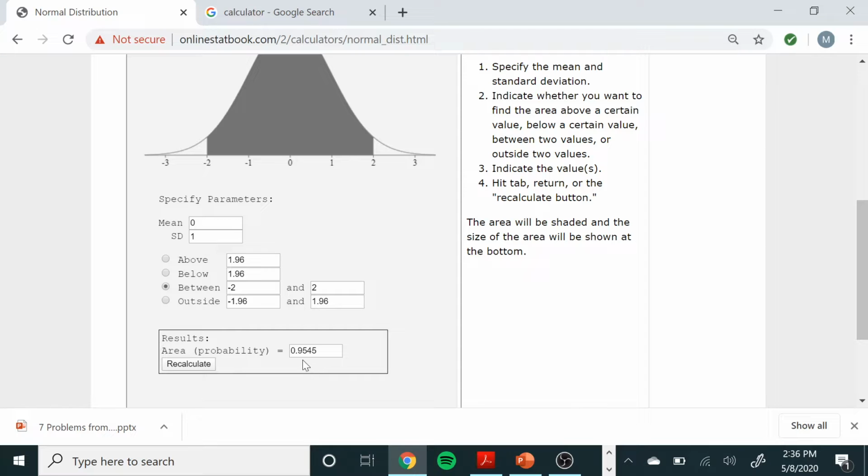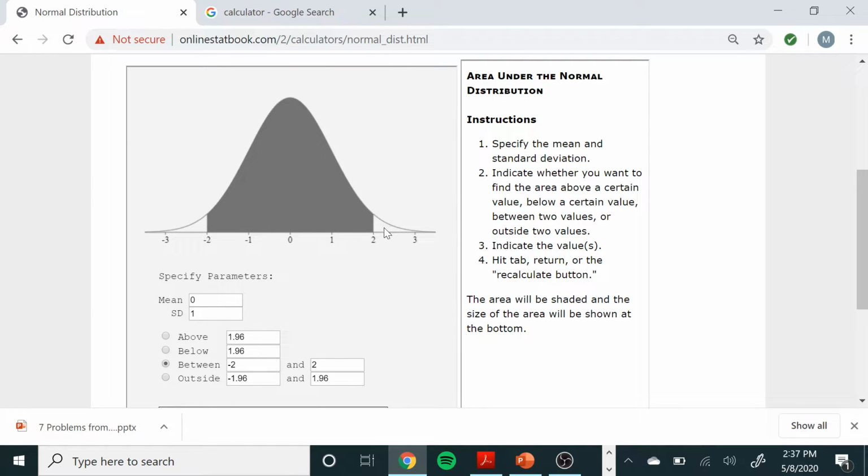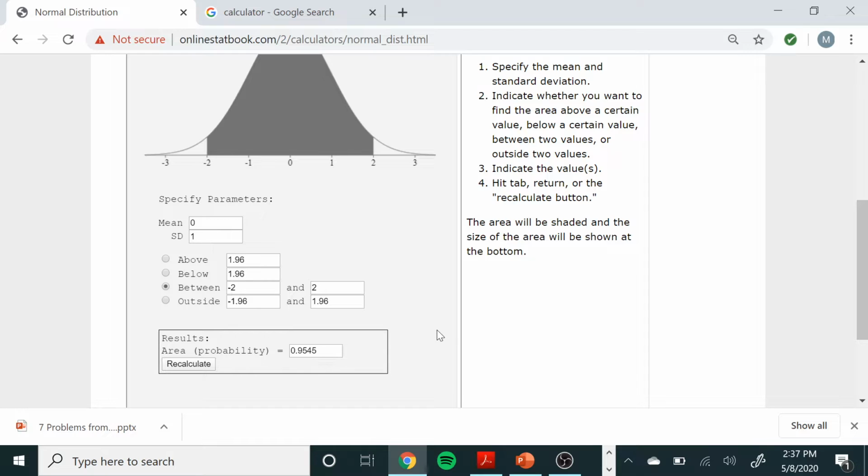As you can see, the area of that is about 0.9545. It depends on how you read this question. If you think of more being a positive value, it would just be that little area there, which is about 2.5%. But if you want to read it as extreme, like beyond this, then it would be 5%. I believe that's the answer that Lane puts.